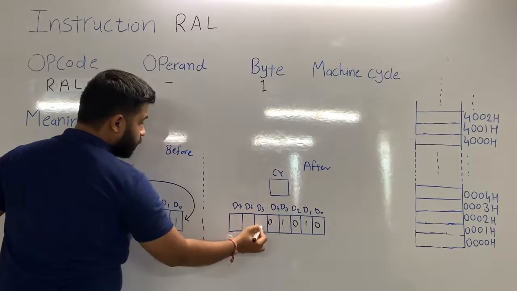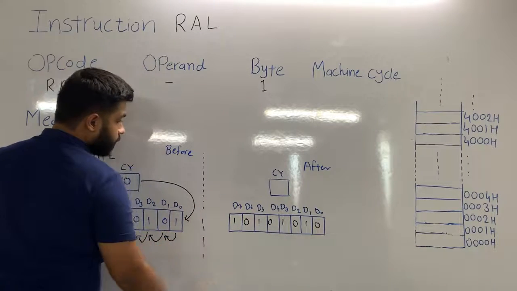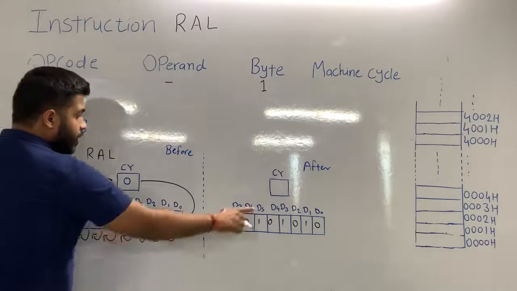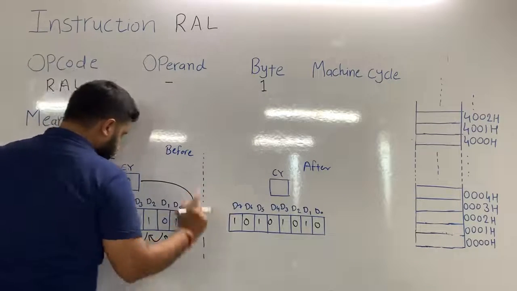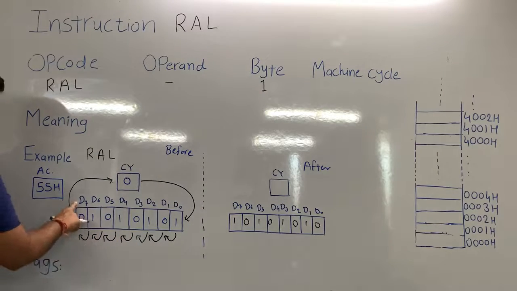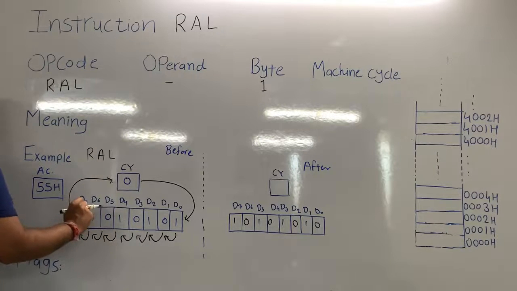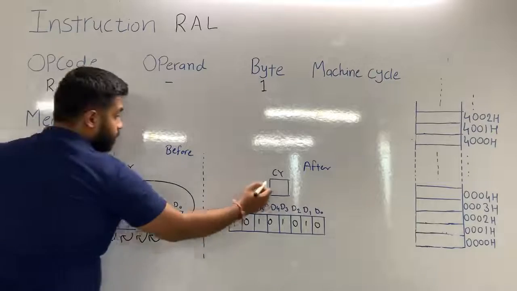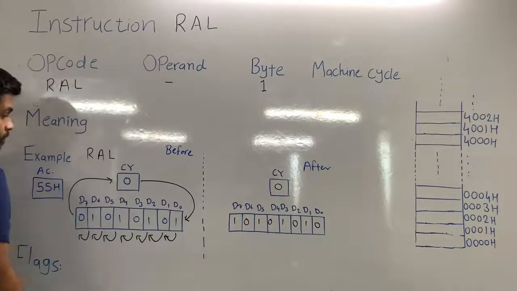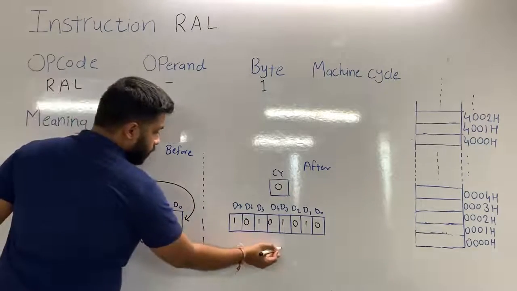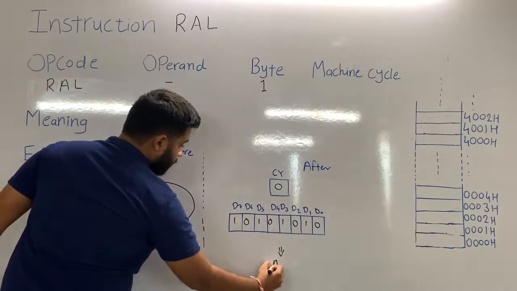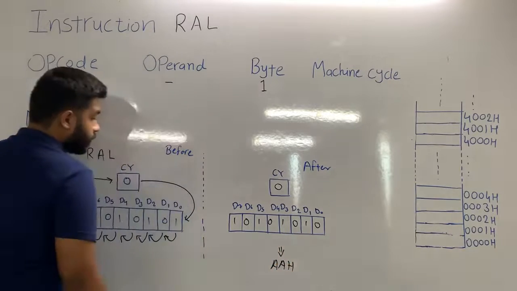If you keep going, you will get some data like this. Can you tell me what will be the content of carry flag? The value which is present in D7 is transferred to carry. So in the carry flag, 0 will be present. If you convert this number into hexadecimal, you will get AAH.